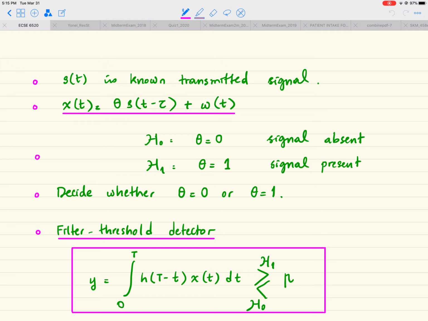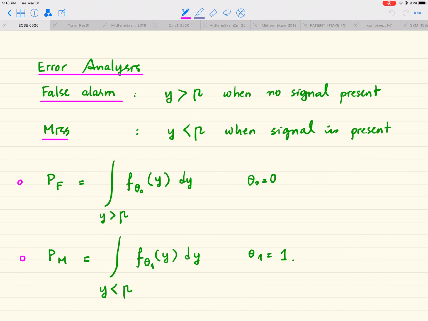So we will get the received signal for a period of time, say cap T, and then we will pass it through a convolution filter, some kind of optimal filter, and we will subject the output of this filter at time cap T to a threshold, and that threshold in this case is nu. So if the output of our filter at time cap T is larger than nu, we will declare the alternative hypothesis, otherwise the null hypothesis.